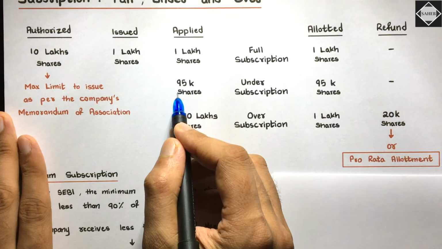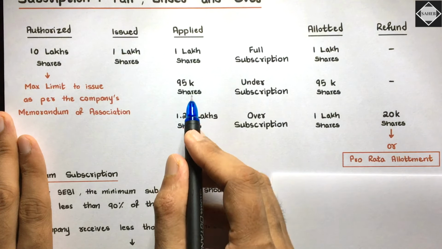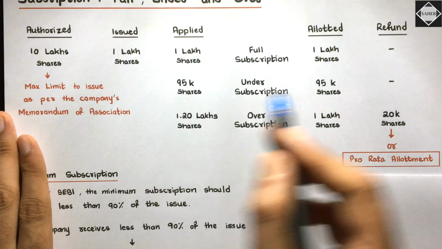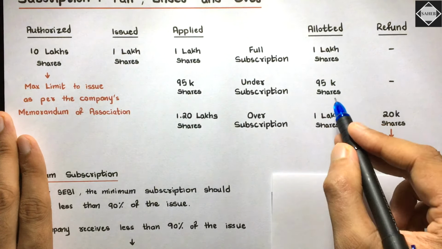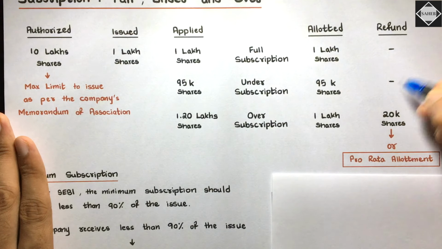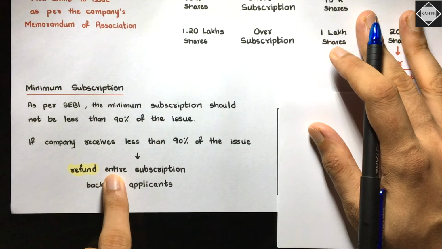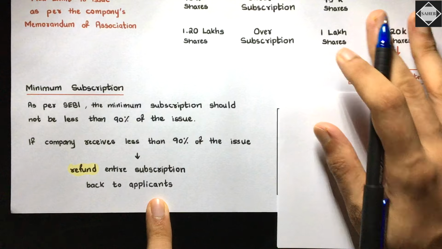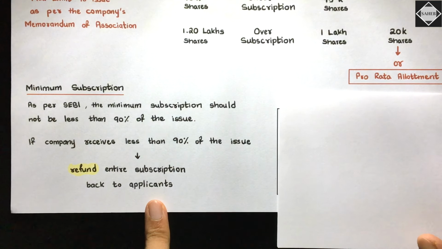Then what can we do? Can we allot any shares for that 89,000? No. The entire money, whatever we have received on those 89,000 shares, will be completely refunded. No allotment. Refund the entire subscription back to its applicants. Is that clear? Simple and straightforward.